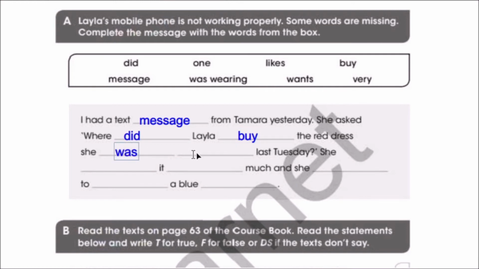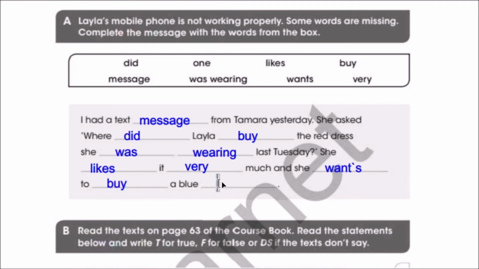Was, and then we have wearing. Good job. Last Tuesday. She. Very good. Likes it. And this one. Very good. So she likes it very much. And she. Very good. Once. Two. Very good. Buy. And then a blue one.